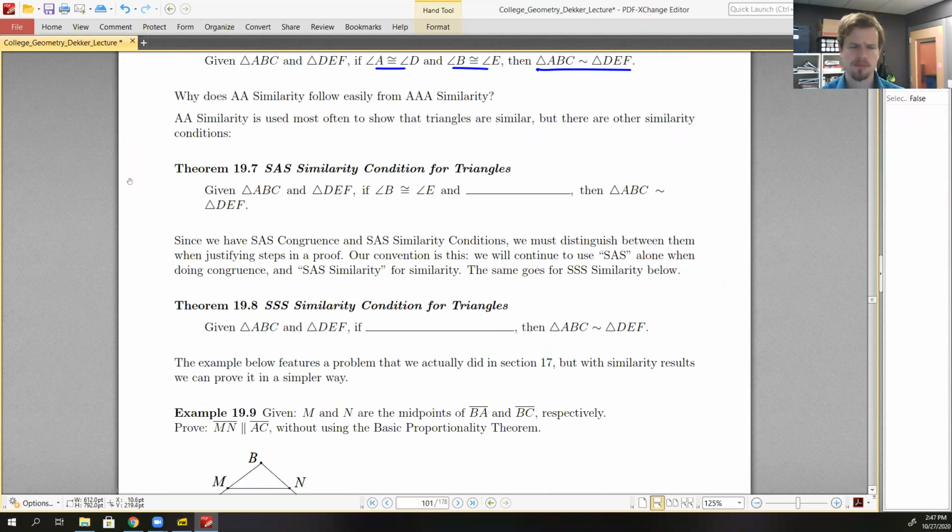Another option, a couple other conditions that we could use, which would probably be a little bit more work in many cases.